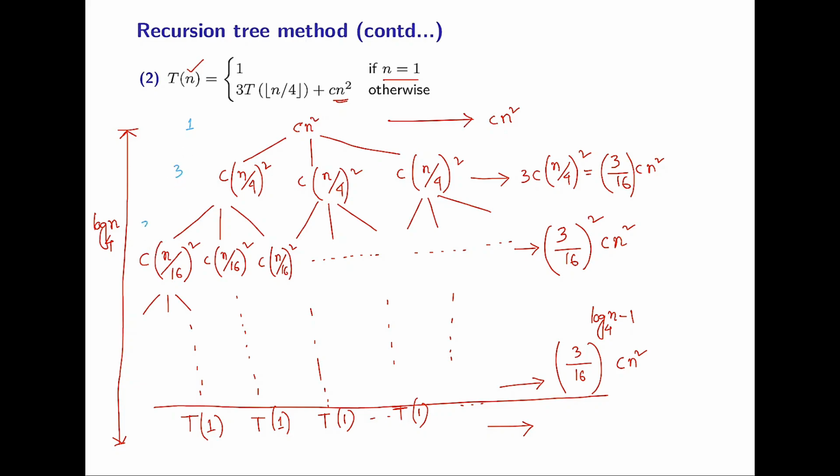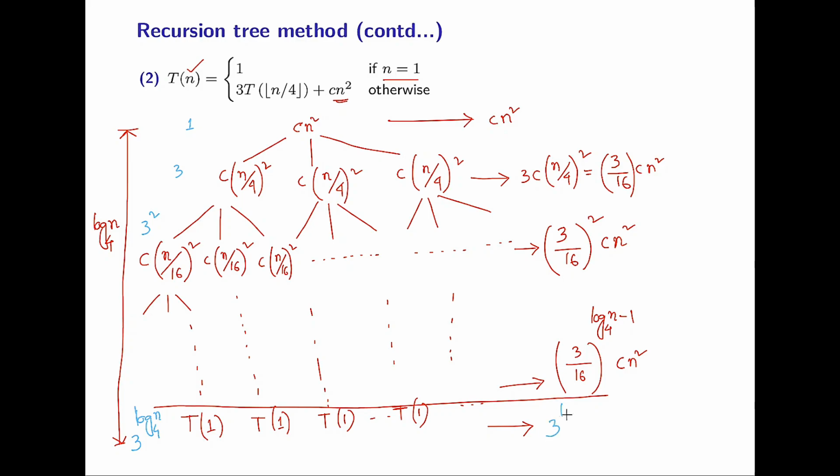Level 2, 3 square, like that it is going. So up to here, the height of the tree. How many T(1)s are there here? That is 3 to the power log n base 4, up to the height of the tree, right? Here I will write what?